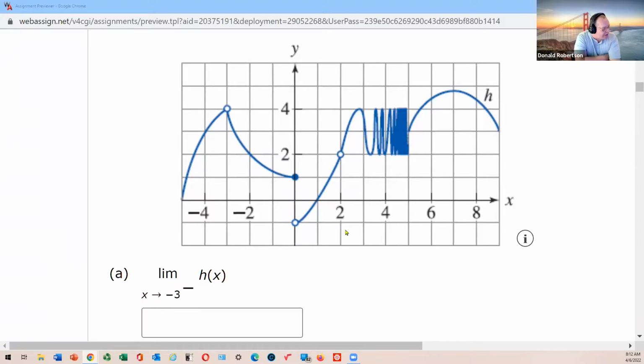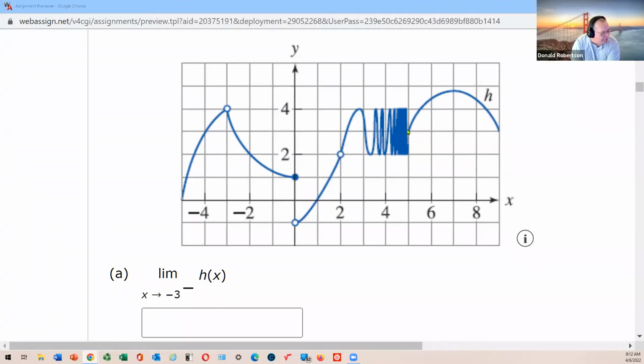What's the limit as x tends to 0 minus? Oh, sorry, 1. It's clipped on the left side. It's on the left side, so it's 1. What is f of 0? It's 1.